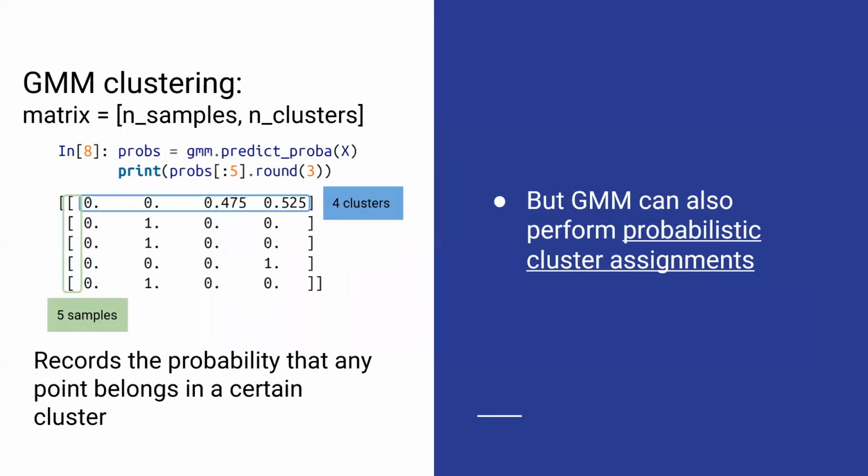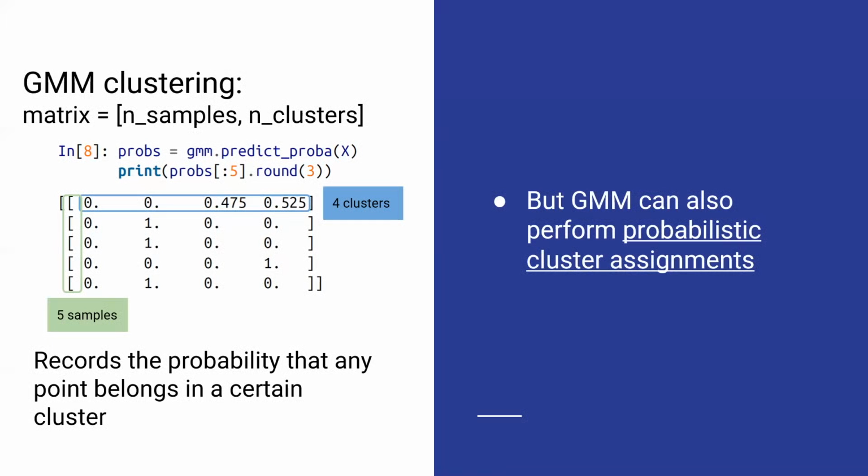However, GMM clustering is different from KNN clustering because it can also perform probabilistic cluster assignments. This means that it is able to create a matrix that is n samples by n clusters. You can see this by the blue box, which identifies that there are 4 clusters assigned, and the green box, which identifies that there are 5 samples, and then recording the probability that any point belongs in a certain cluster.